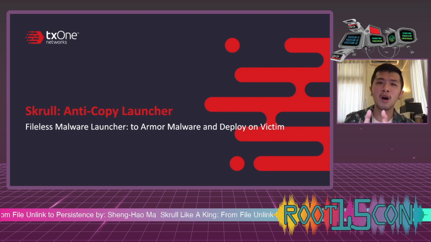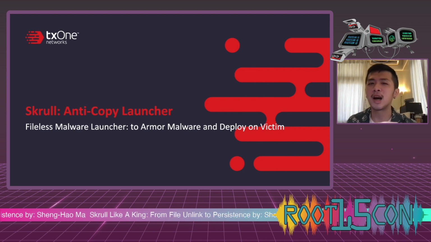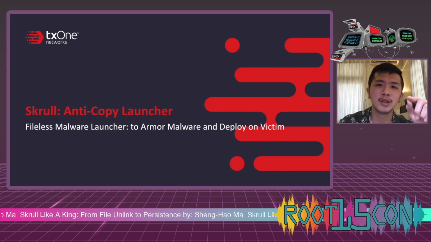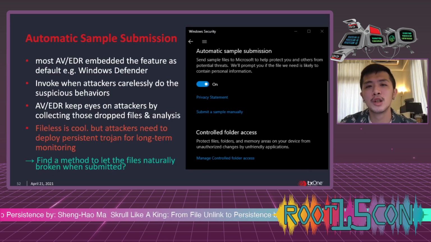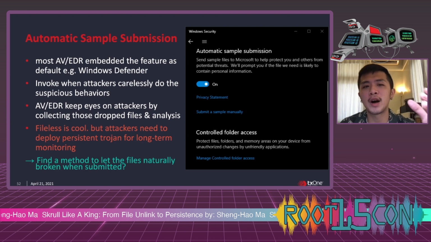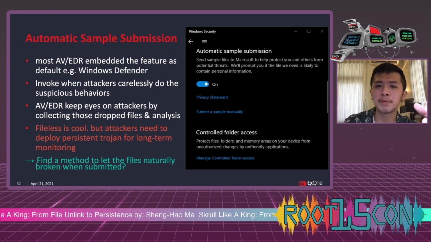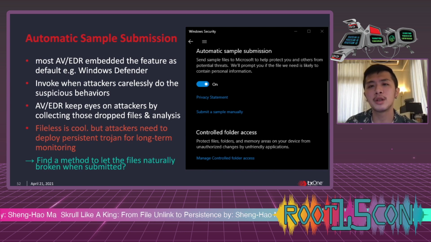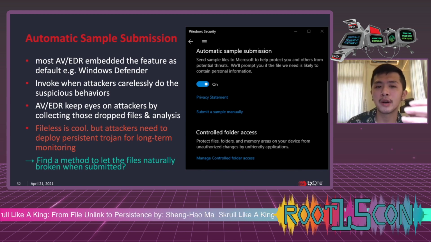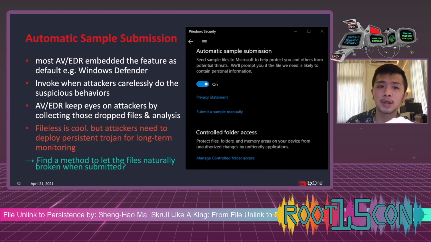Let's put it all together and design a malware DRM. I call it Skrull. Nowadays, all antivirus products must be equipped with the feature of automatic sample submission for monitoring malware in the wild.